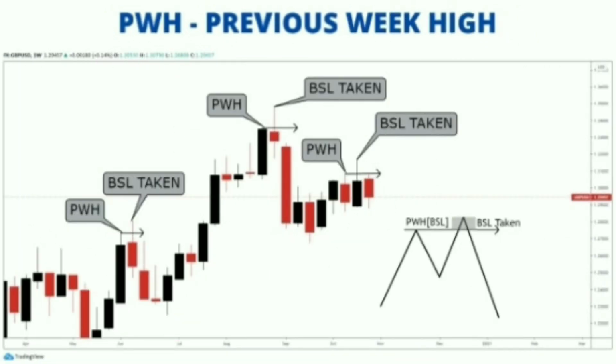In this case, the market breaks the previous week high, hits the stop losses of the sell orders, and reverses to the downside. So market behavior is to change the direction after the BSL. Next, we will take the example of previous day high.